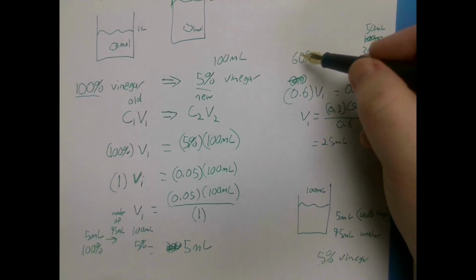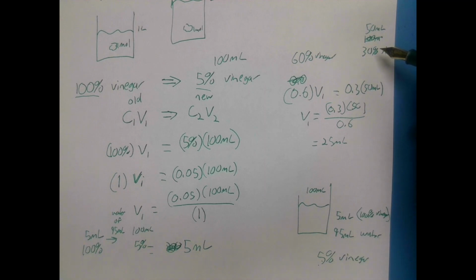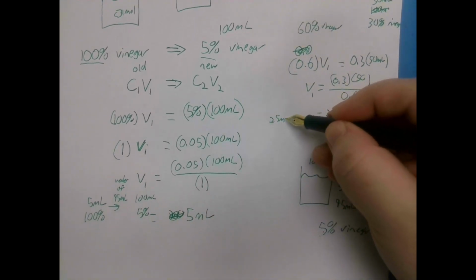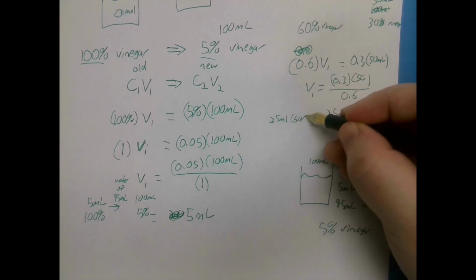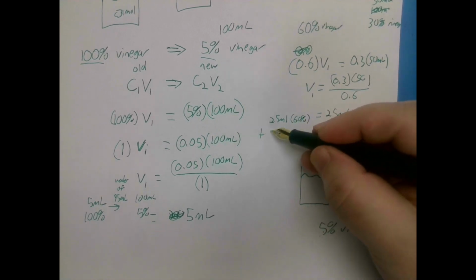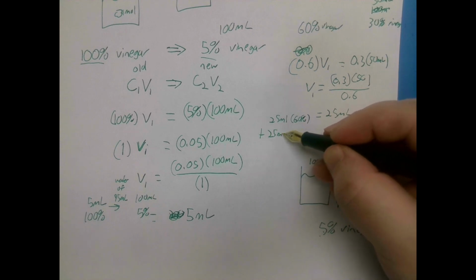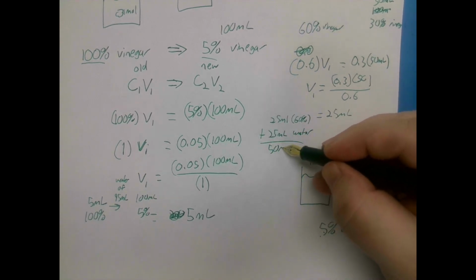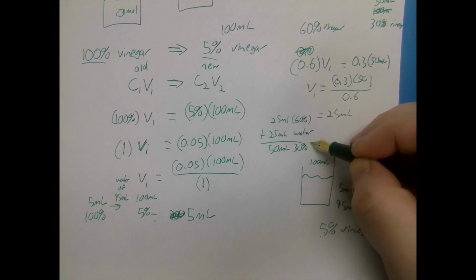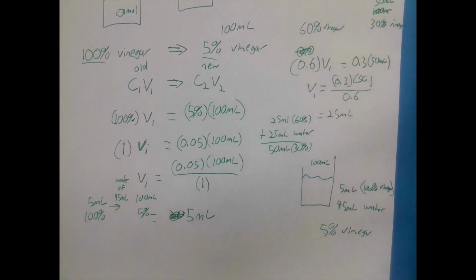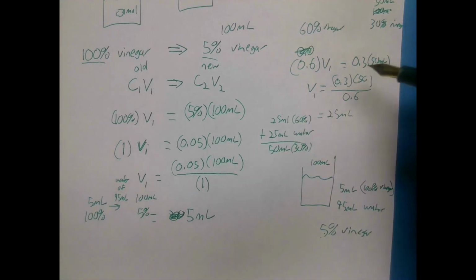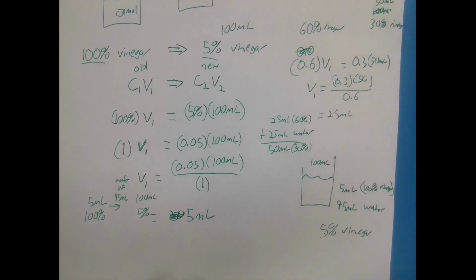So to go from 60% vinegar to 30% vinegar, you would do 25 milliliters of 60% vinegar plus 25 milliliters of water, and that will give you 50 milliliters of 30%. You're diluting it by half. So you mix equal parts water to halve the percentage. But this equation also works with molarity.